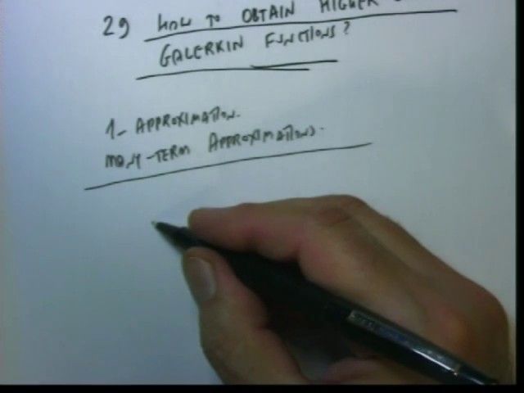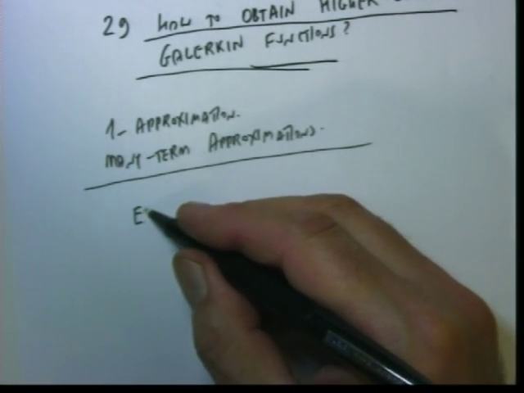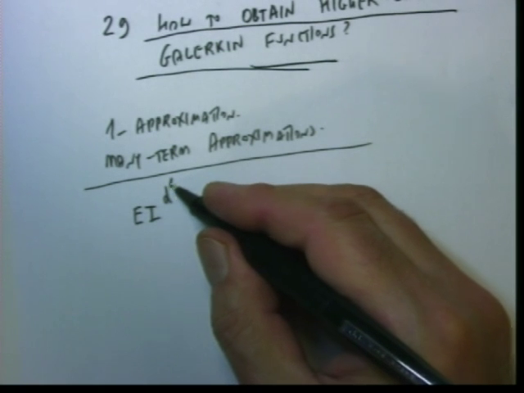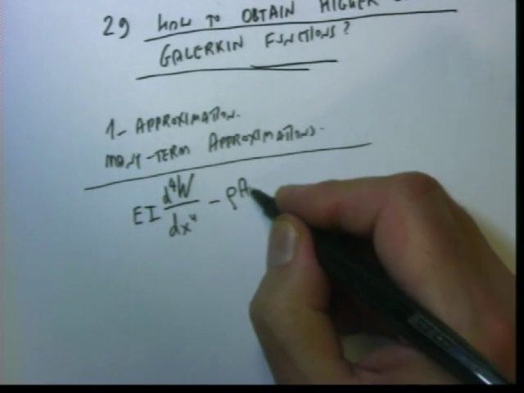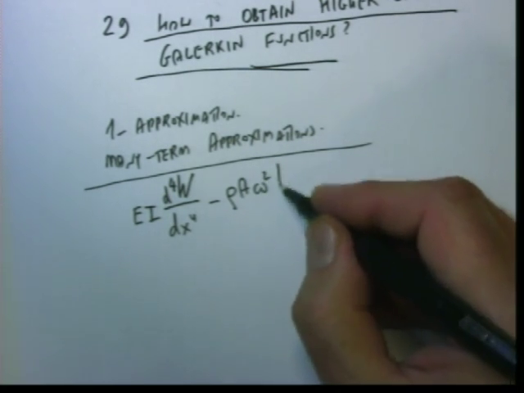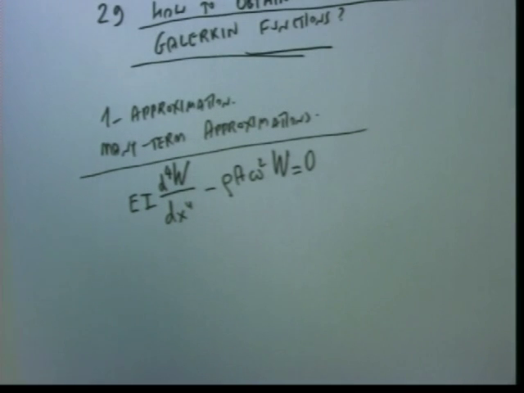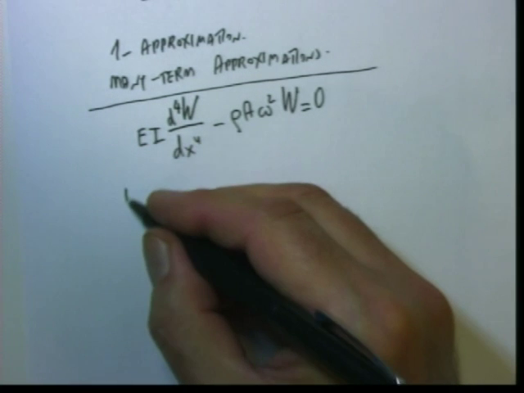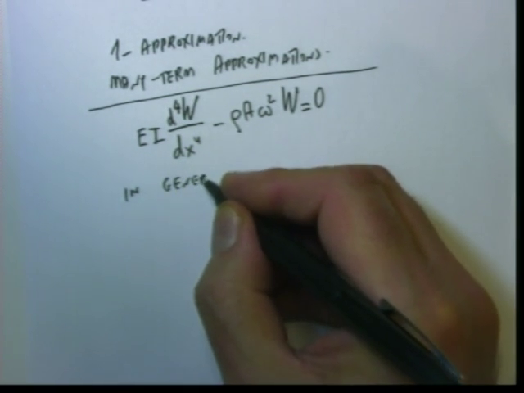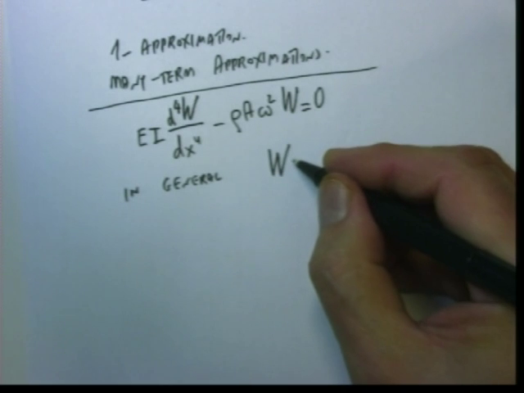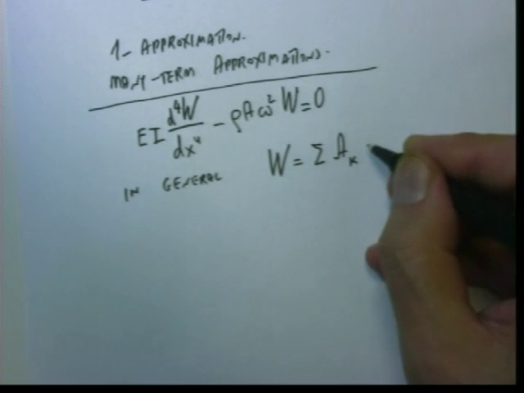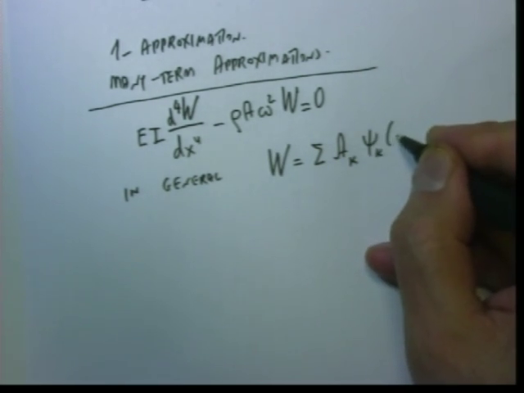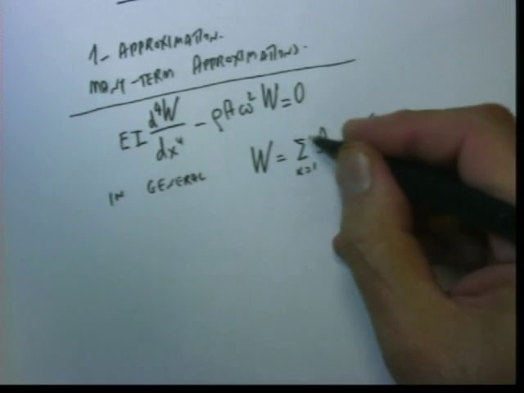So in general, say we have this following equation, yes? EI d4w dx in fourth power minus rho a omega square w equals 0. So in general, W is represented as some sum of a k psi k of x, k from 1 to some n.